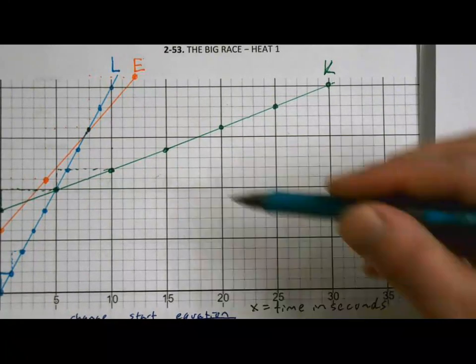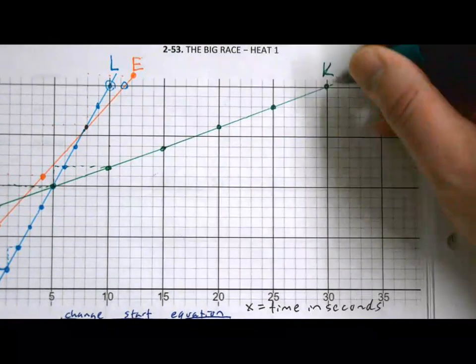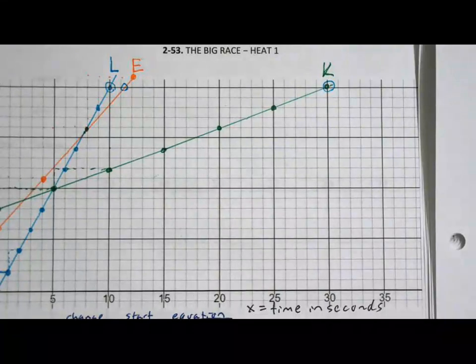So you should be looking at where they finished the race. Leslie finished here. Evie finished here. Kristen finished here. And then what was that time?